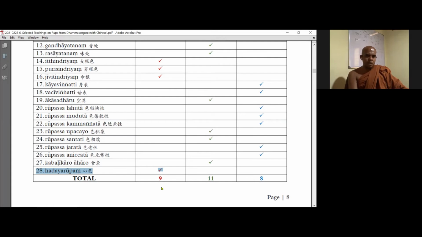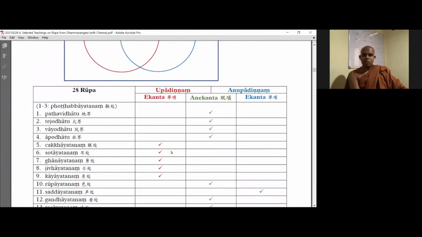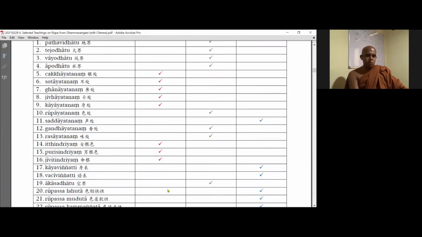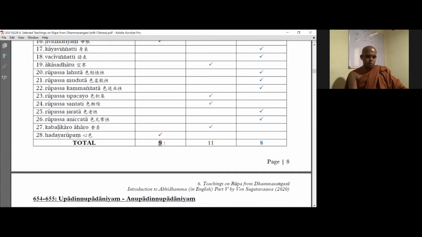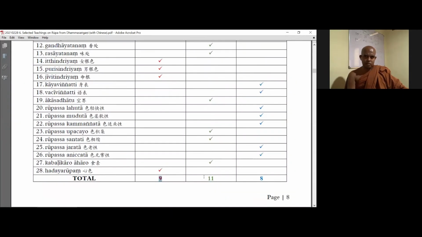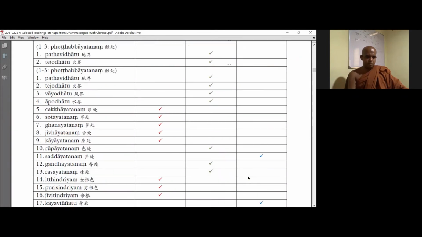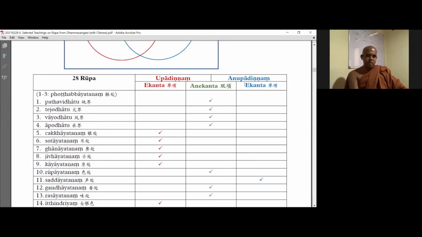Now you can count how many Upadinna Ekanta Rupa. There are 9. How many Upadinna Anekanta Rupa? There are 11. How many Anupadinna Ekanta Rupa? There are 8.